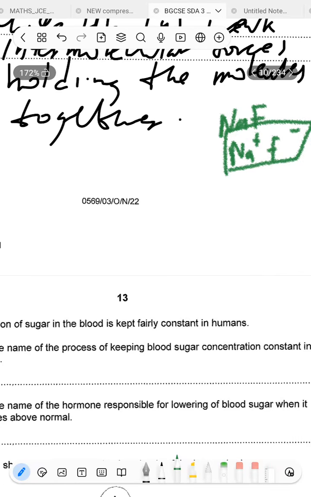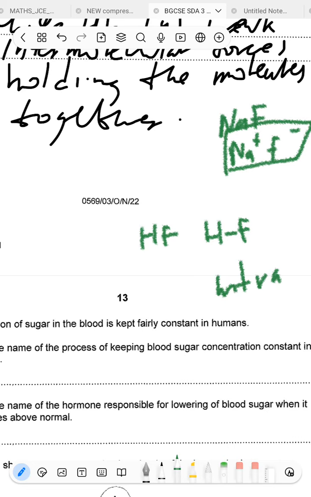Whereas in the case of HF, hydrogen fluoride, you have two types of bonds. Between the H and the F, you have these intramolecular forces.